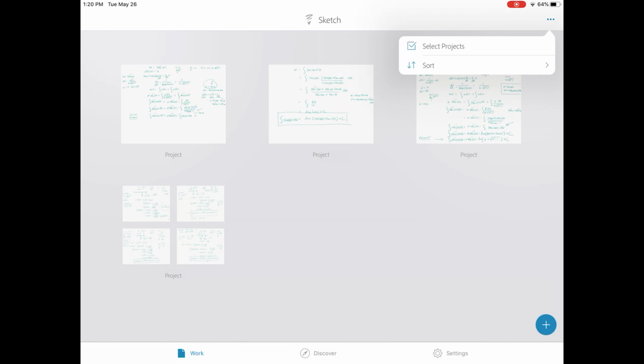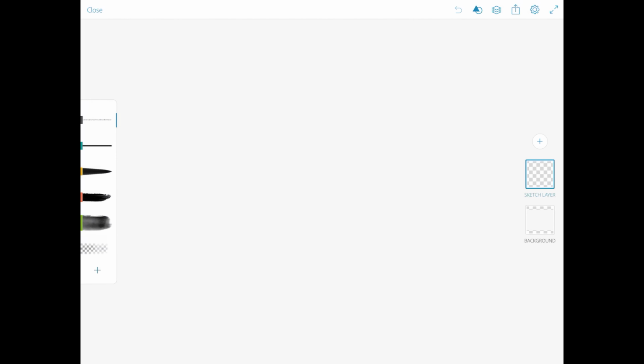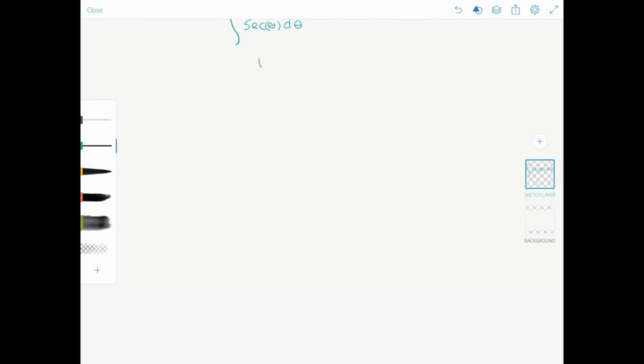And so what we're going to do is save this screen. So we have secant theta d theta, and that's the integral that we're interested in.